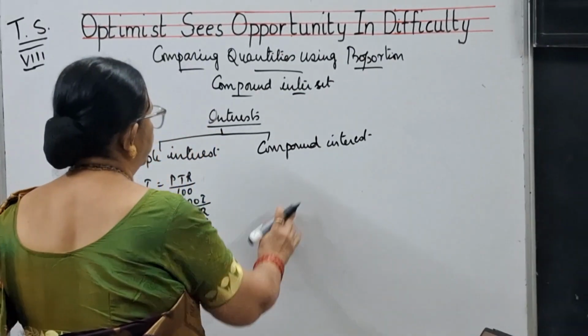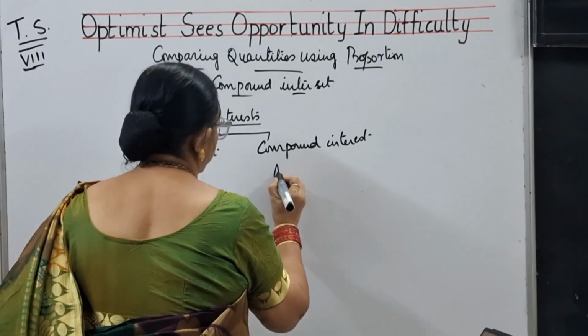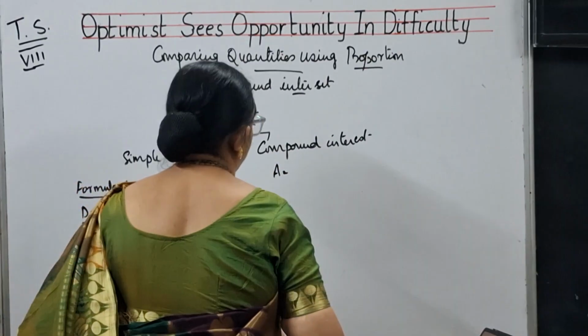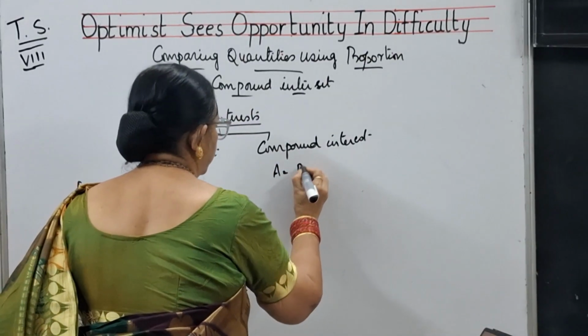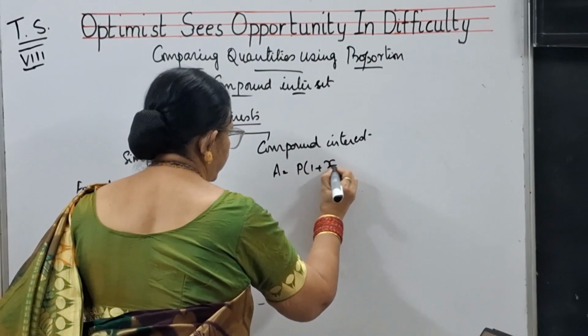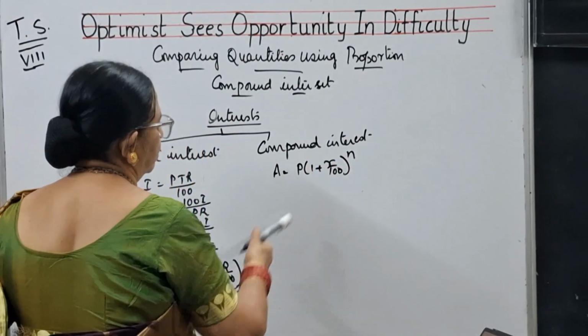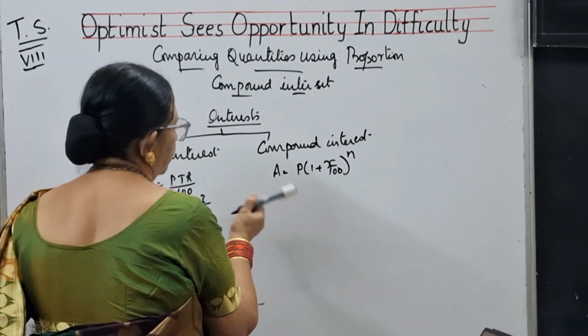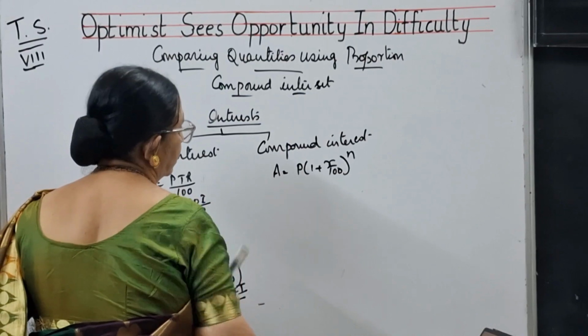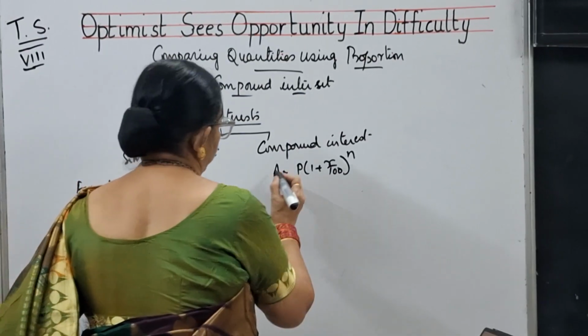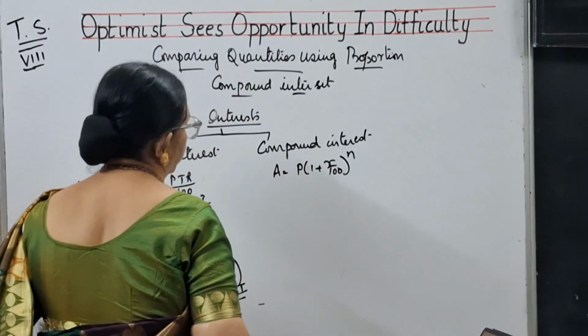As far as compound interest is considered, we will talk about amount. Amount is equal to P into 1 plus R by 100 whole to the power of n. This is the formula which we use to find out the amount for that particular amount that is borrowed.